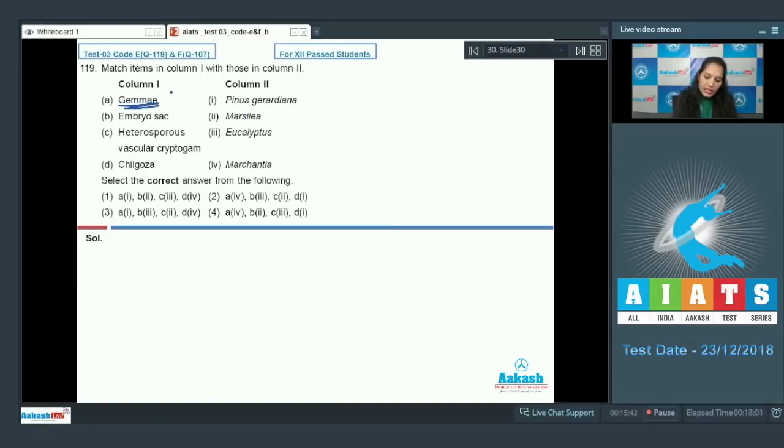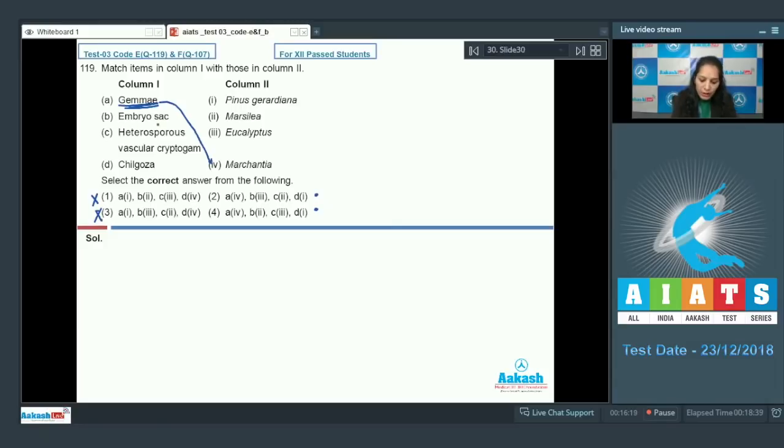A is gemmae. These gemmae are multicellular asexual buds which are found in liverworts, and they are meant for reproduction in case of liverworts. So one of the examples of liverworts here is Marchantia. So A goes with 4th. So options number 1 and 3 are ruled out. The correct option can be 2nd or 4th.